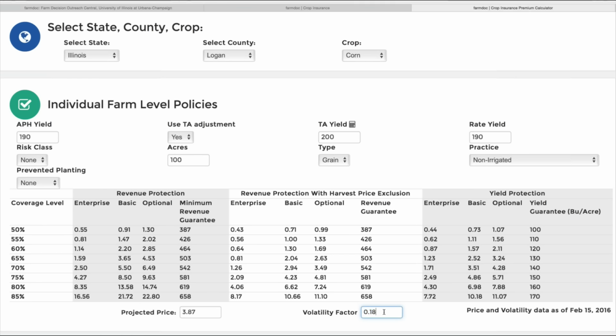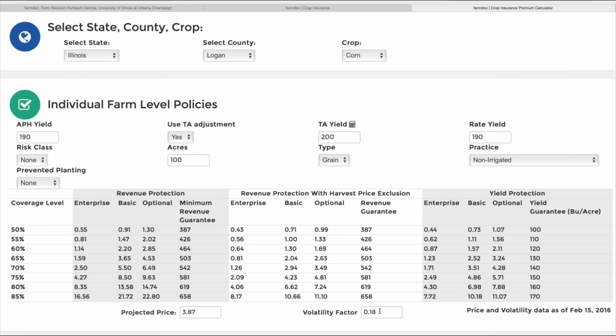Yep. So this would have been, let me just give you, last year this would have been 21. So watch this, 656. Now I'm going to go up to 21. And you see that premium went up to $19.20. So this lower volatility, and again, this is likely to be in the 0.18, 0.19 range this year.